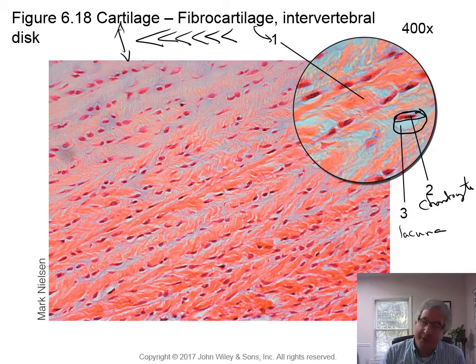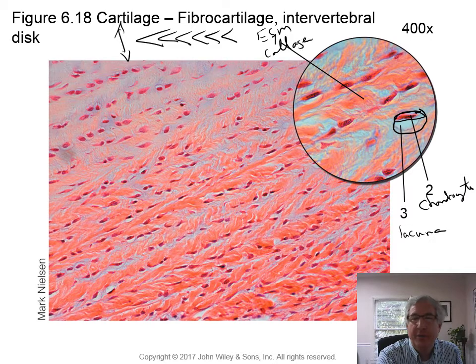Or extracellular matrix is made of, sorry, I should say, it's not fibrocartilage. Take that back out. Fibrocartilage includes the lacuna and the chondrocytes. I shouldn't have said that. So this is your extracellular matrix made of collagen fibers. Okay, that's number 1. All right, next slide.